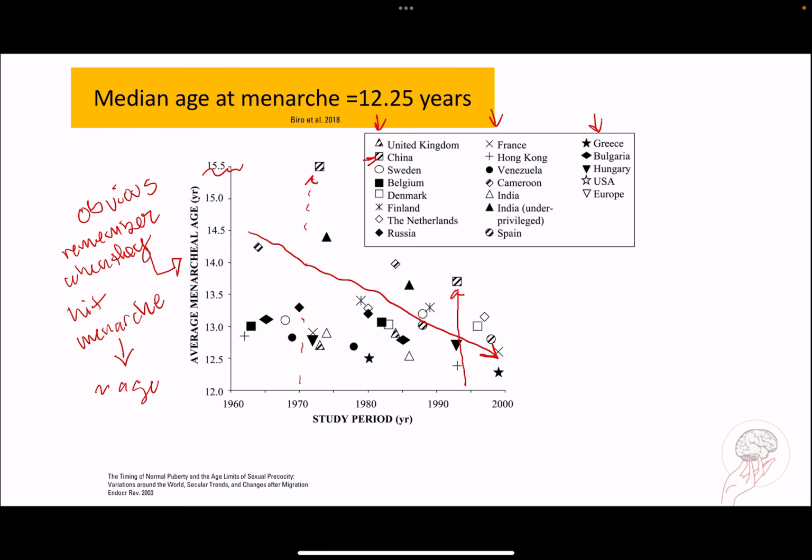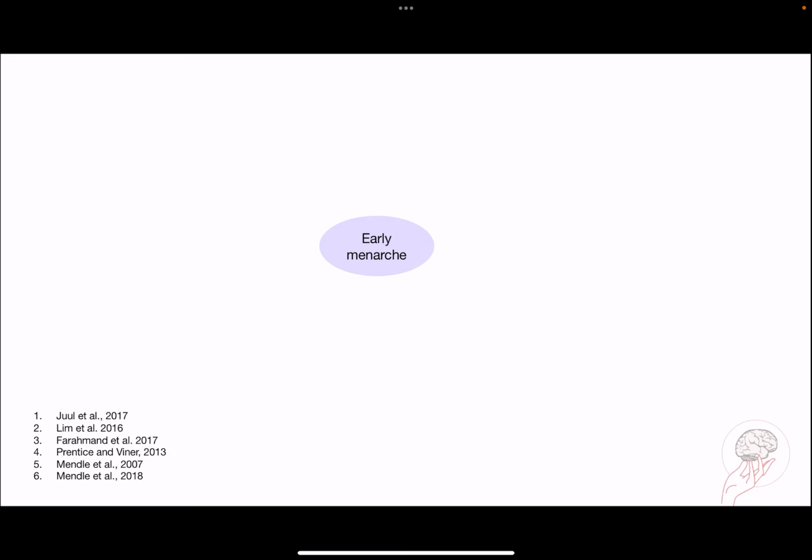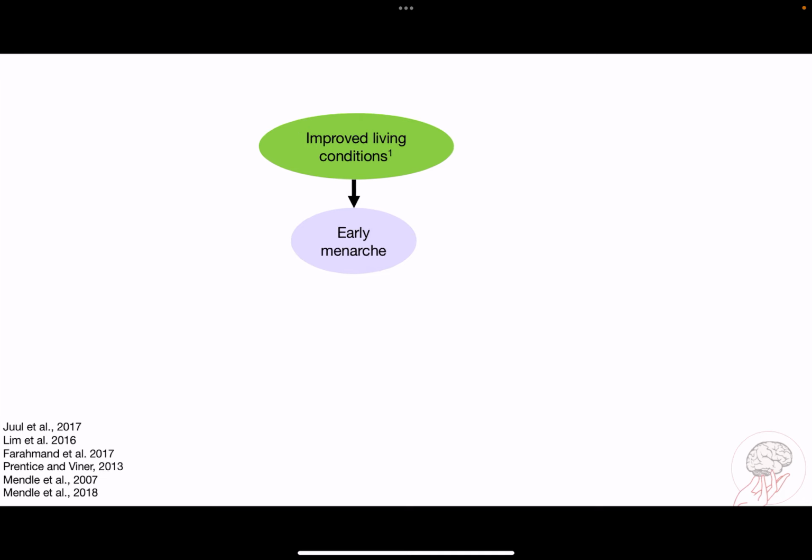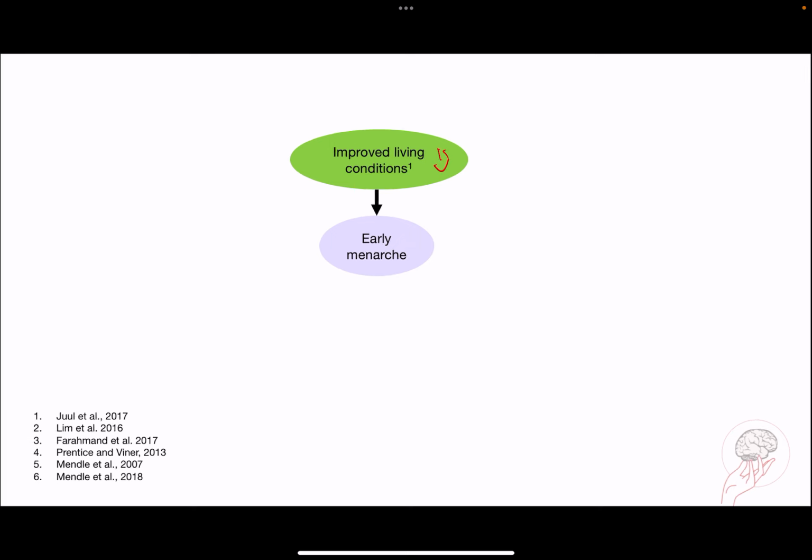So globally, the median age of menarche is 12.25 years. You may be thinking, oh, well, people are going through menarche early. Does that matter? Well, it is related to improved living conditions, so that's nice. It means that women are getting enough calories to have around 17% body fat.